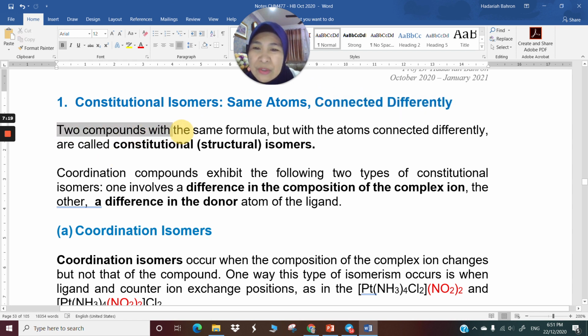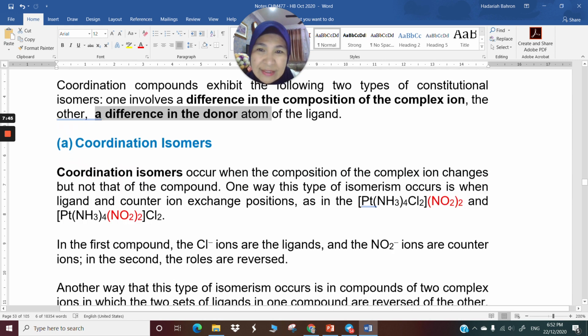Two compounds with the same formula but the atoms connected differently are called structural or constitutional isomers. Coordination compounds exhibit the following two types of constitutional isomers. One involves a difference in the composition of the complex ion, and the second involves a difference in the donor atom of the ligand.